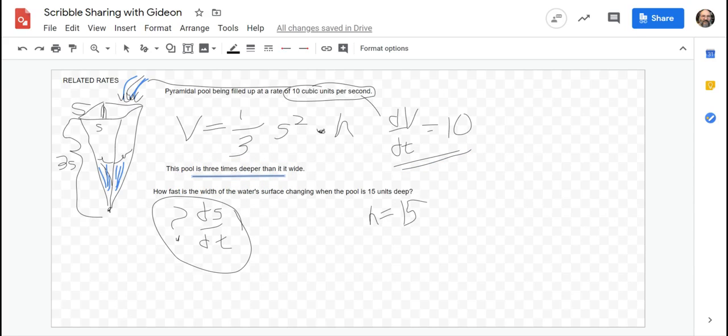And then finally, a question. They're asking for ds dt, but they're giving h as 15. The pool is 3 times deeper than it is wide, right? That was the 3s. So I could also represent that by h equals 3s. That's really what I did, is I just replaced h with 3s, because the depth really is 3 times more than the width.